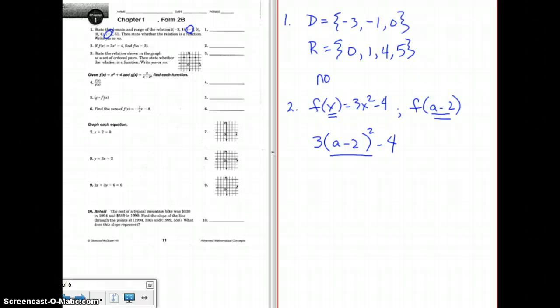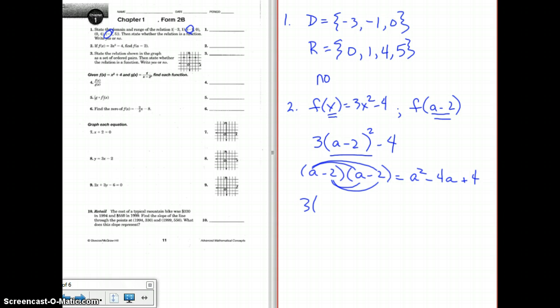That means we're going to have to square that, which would be a minus 2 times a minus 2. If I do the FOIL method, I'm going to get a squared. So that's the first. Outer is -2a, and the inner is -2a, which is -4a. And our last entry would give me +4.